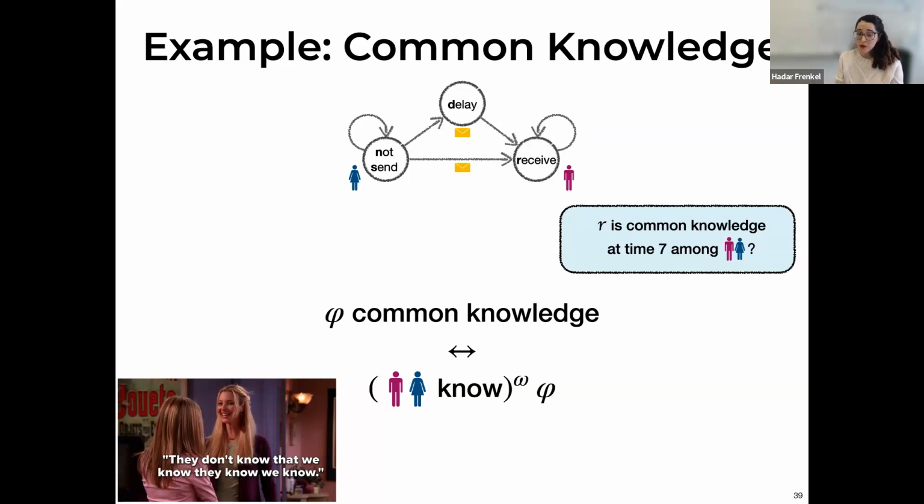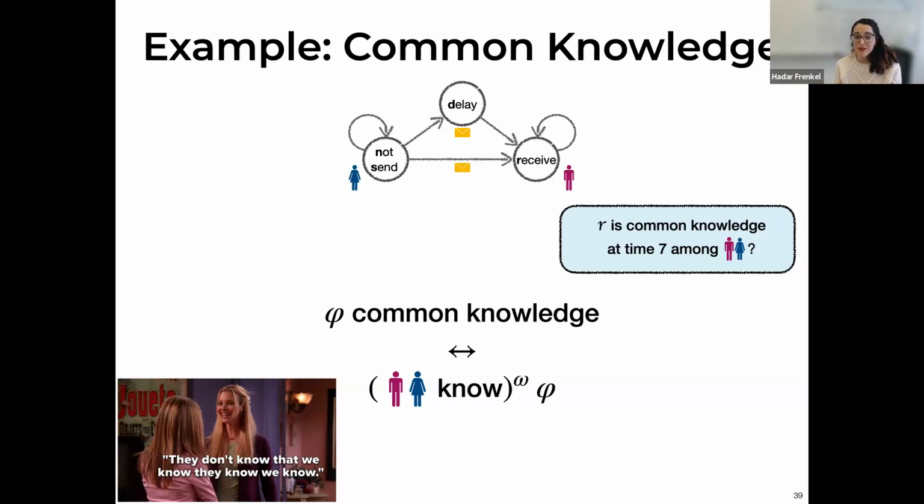Why do we care about common knowledge? Common knowledge is important to achieve consensus or simultaneous actions or agreement on whatever is in this message and so on. So our discussion about common knowledge started from a delay on Zoom. And then I was wondering whether my colleague heard what I'm saying and then whether he knows that I know and so on.